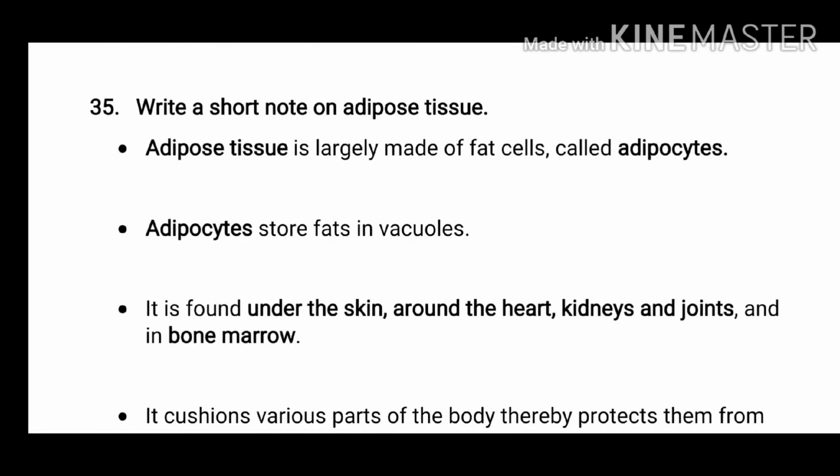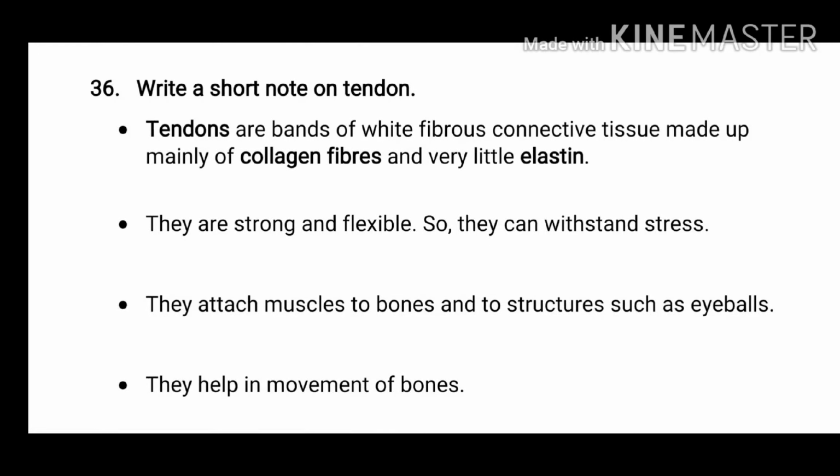They are mainly made up of collagen fibers, but we can also see a few traces of elastin in them. They are strong and flexible, so these tendons can withstand stress.